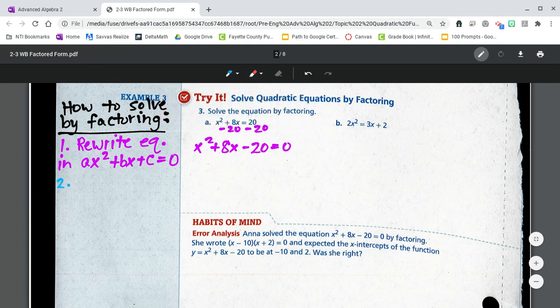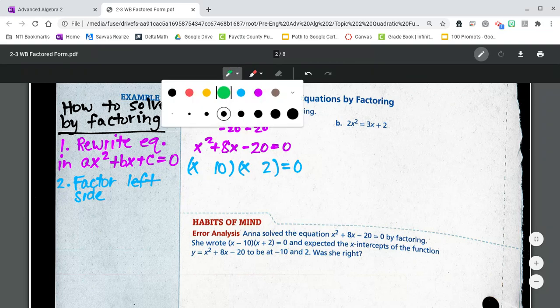Step 2, we're going to factor, in this case, the left side. So I'm going to factor x squared plus 8x minus 20. Always bring down the equal 0. To get x squared, I'll multiply x by x. To get negative 20, let's see, maybe a 10 and 2. 10 times 2 is 20.